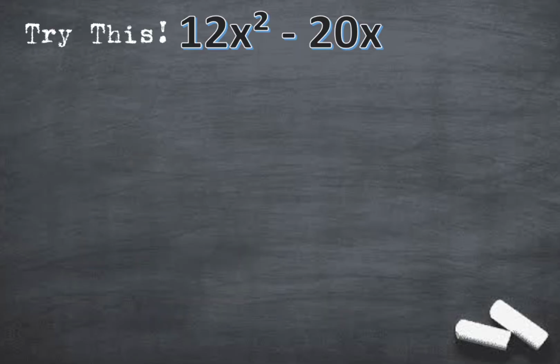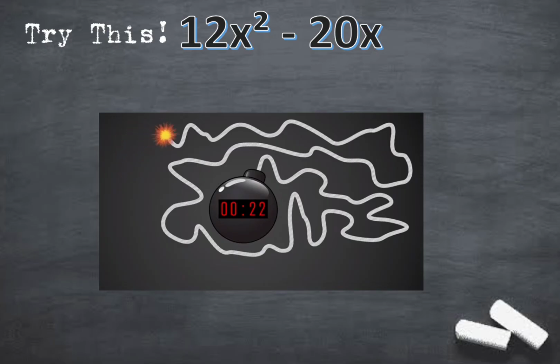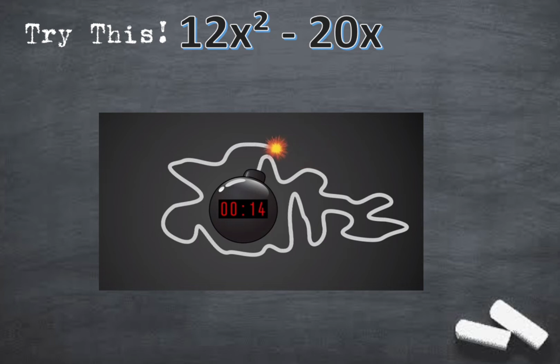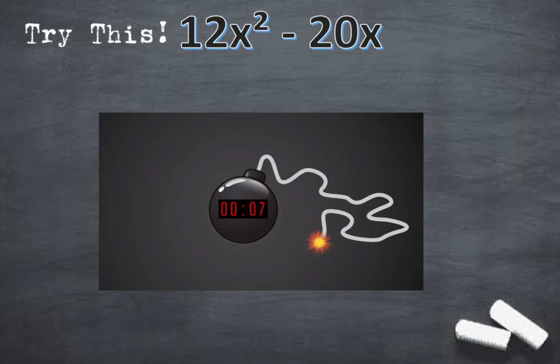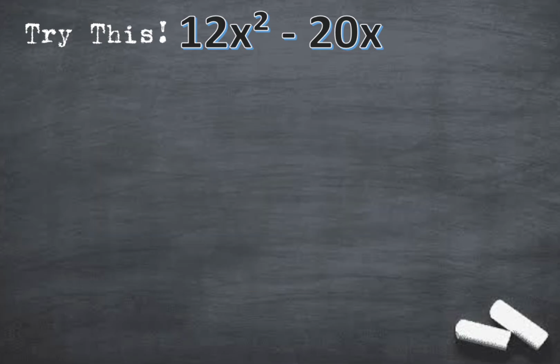Try this one. Factor 12x squared minus 20x. Let us check.